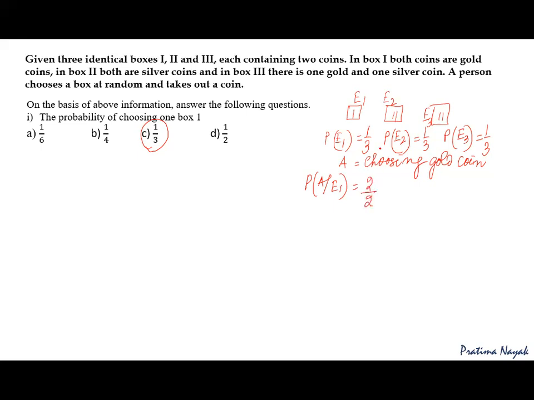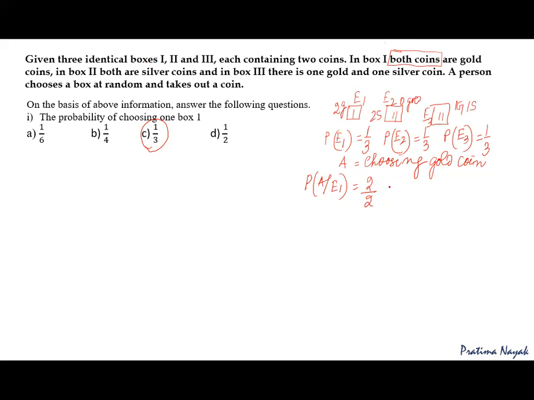Why? Box 1 has both coins gold, so it will be 2 by 2. Here 2 gold coins are there. Here no gold coins, 0 gold. And here 1 gold, 1 silver.